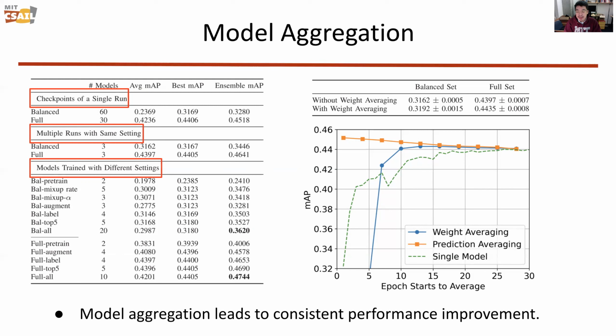As we can see, for weight averaging, it's generally better to average weights from checkpoint models of the 10th epoch to the end. While for ensemble, it's always better to include more models. Even with ensemble, using the first checkpoint model to the last checkpoint model leads to the best performance.